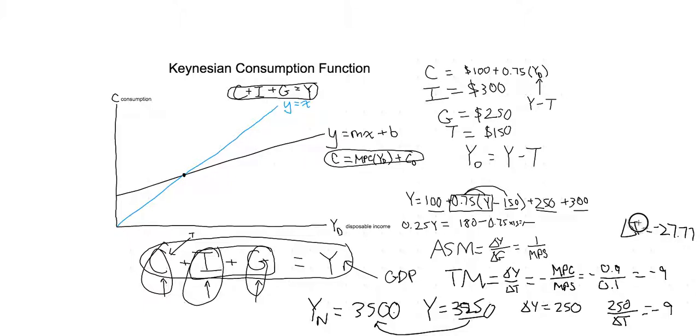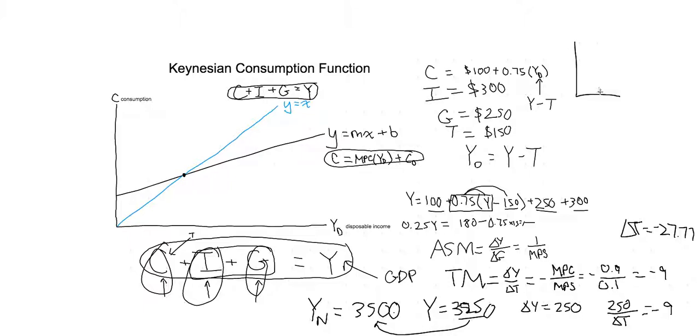And so hopefully this gives you a nice overview of how to calculate all of the Keynesian consumption function, and basically how to solve the problems behind it. And hopefully now you know that this consumption function, we're doing this all because we want to find out how to increase aggregate demand, right?